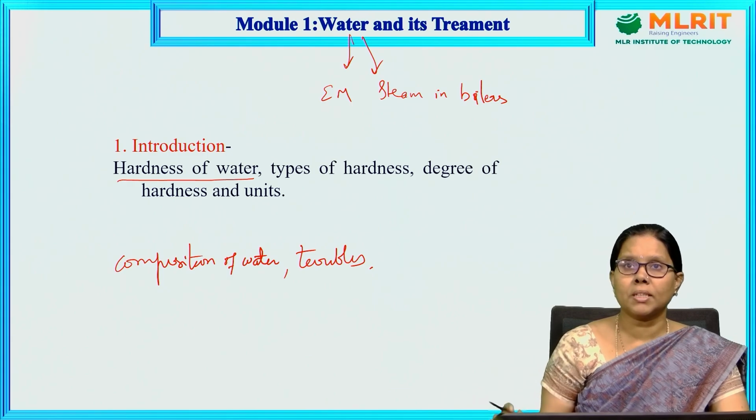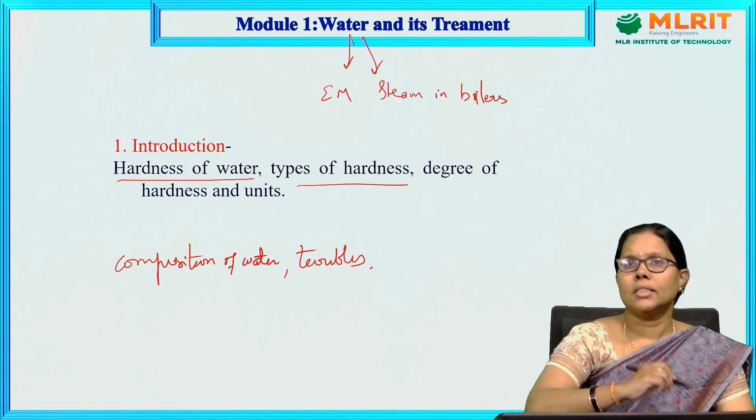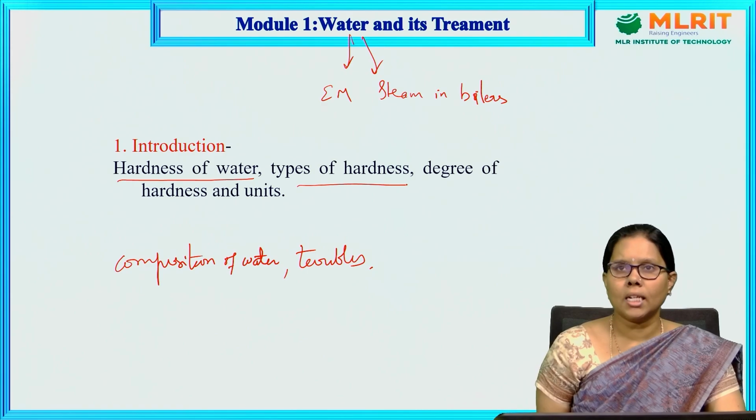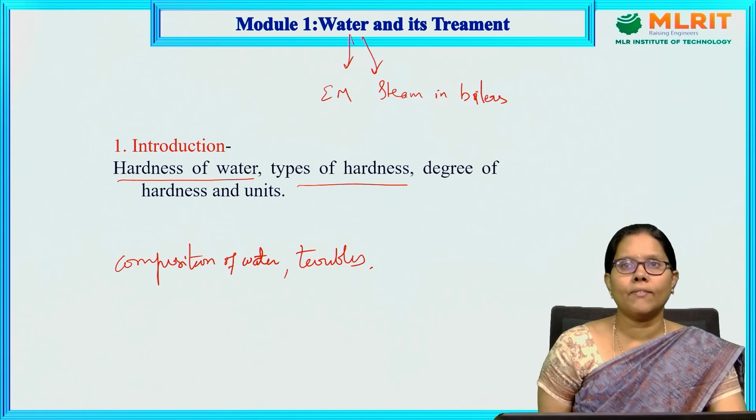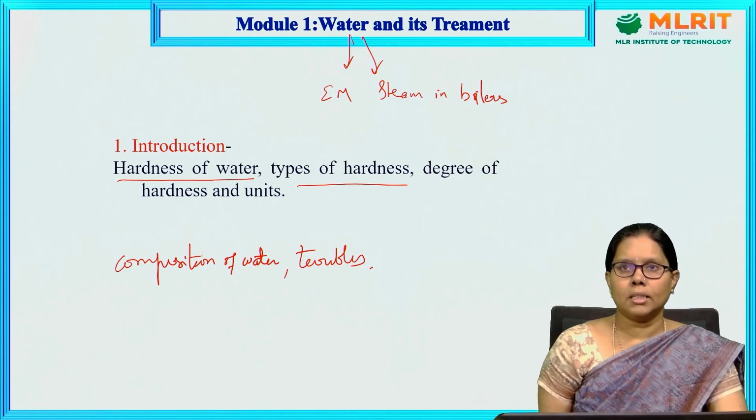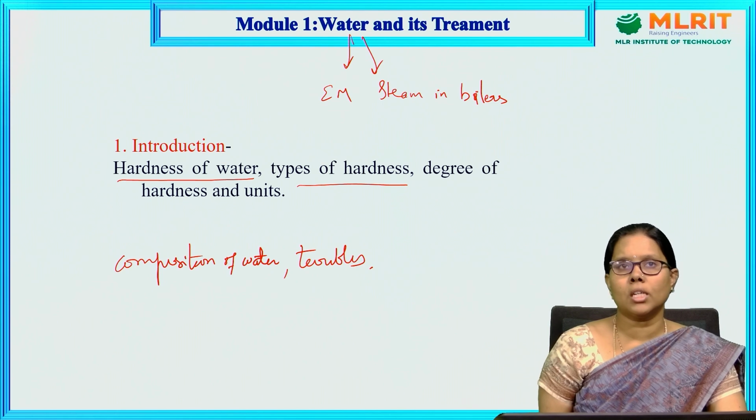The types of hardness are temporary hardness and permanent hardness of water. This is followed by degree of hardness: soft water, moderately hard water, hard water and very hard water, and its units.